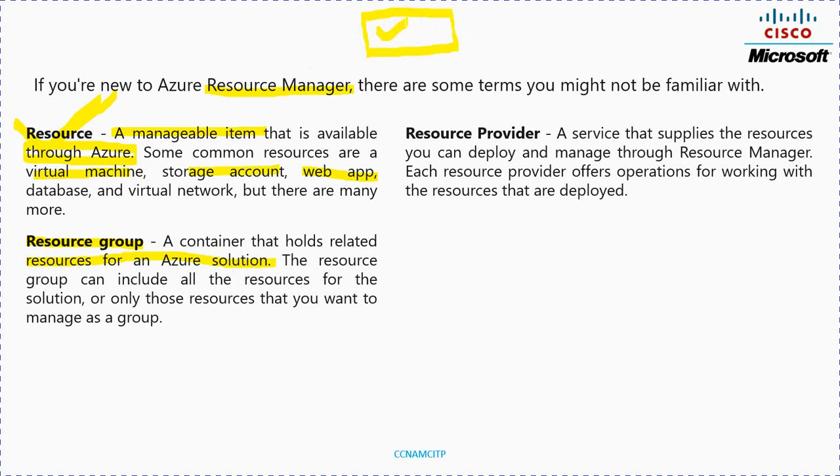The resource group can include all the resources for the solution or only those resources that you want to manage as a group. Very simple. If you want to keep certain things inside this bag, you can keep. It is up to you. I hope this is also very clear. It is a container basically.